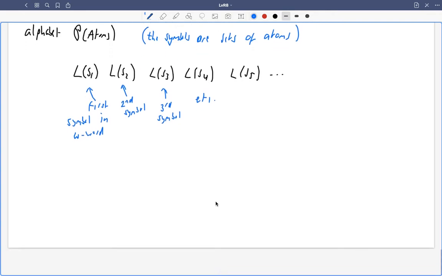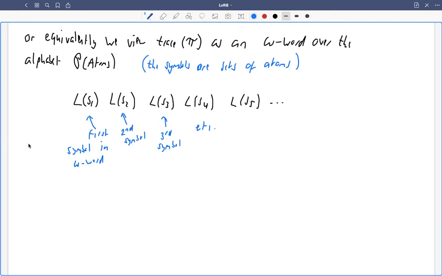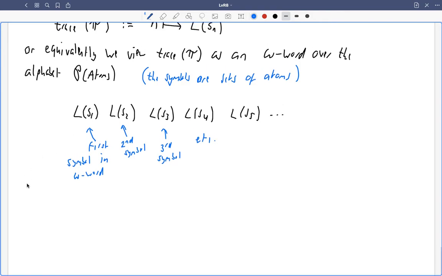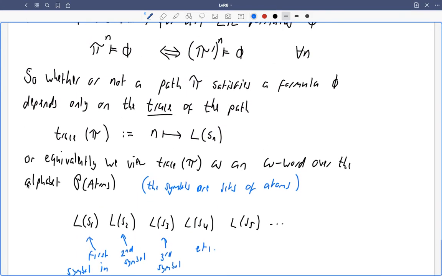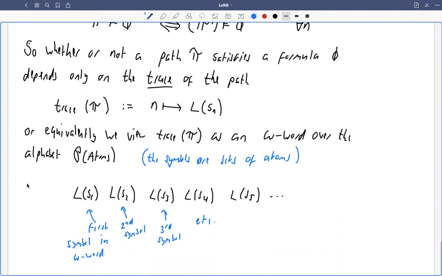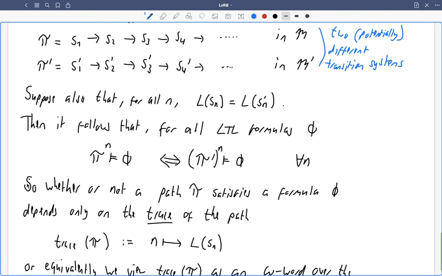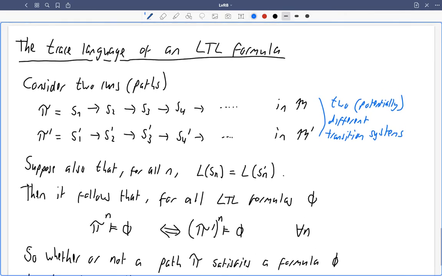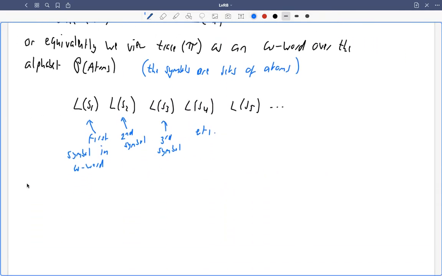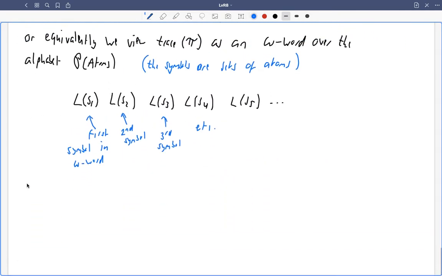So what we're going to do is define the trace language of an LTL formula.